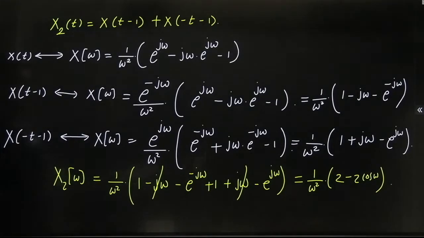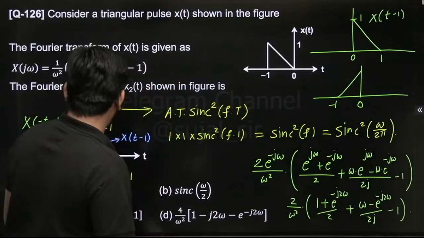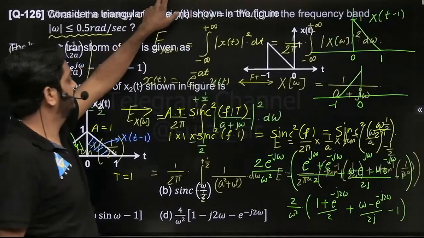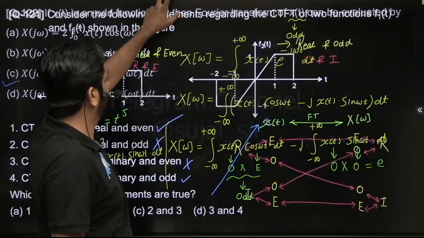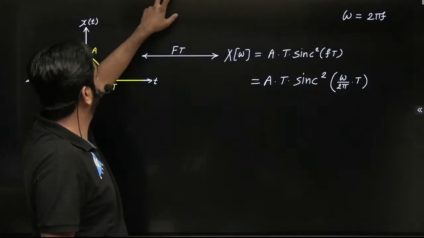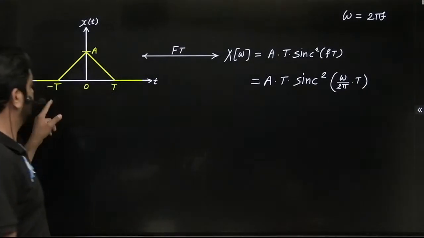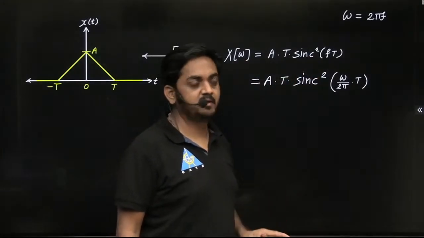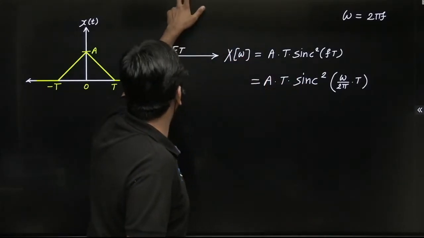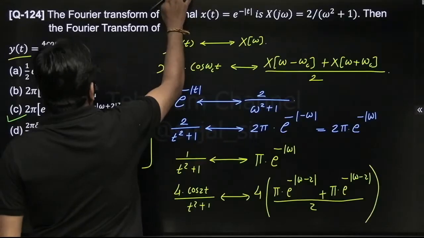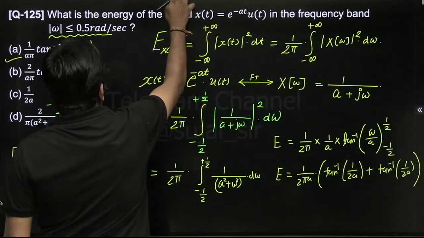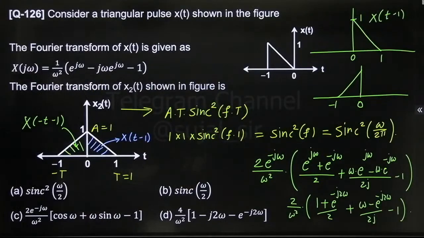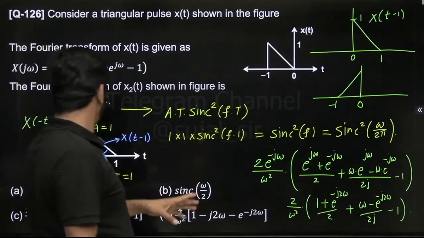A into t, guys. Here t equal to what? Here you can see a equal to 1 and t equal to 1, guys. According to this one, I already told you, here from minus t to plus t, amplitude is a, then the Fourier transform is A T sec square f T. So here a equal to 1 and t also equal to 1. So a into 1, sec square f, t equal to 1.